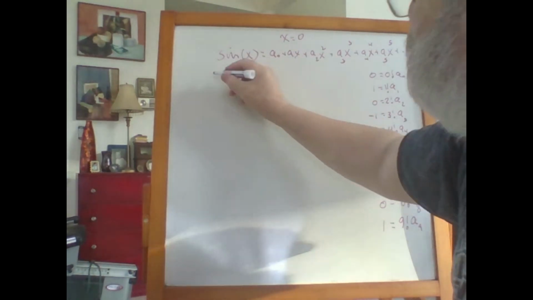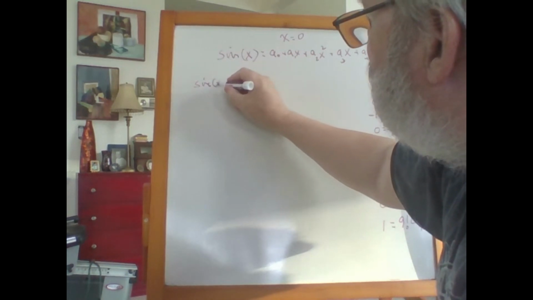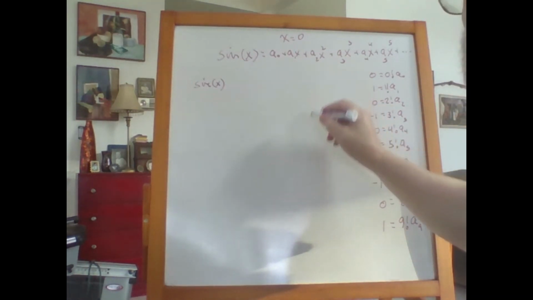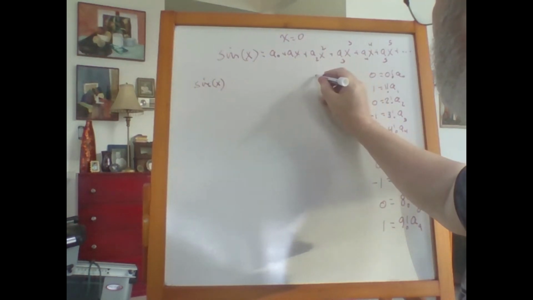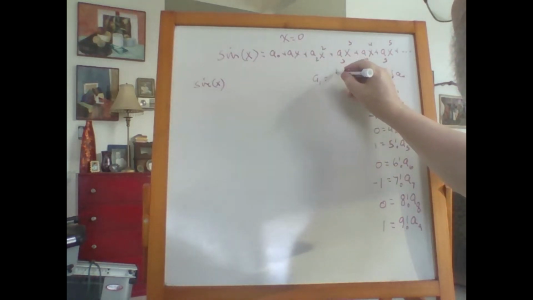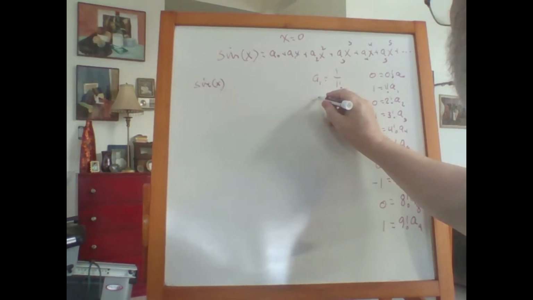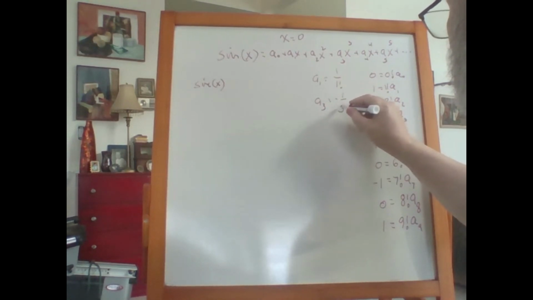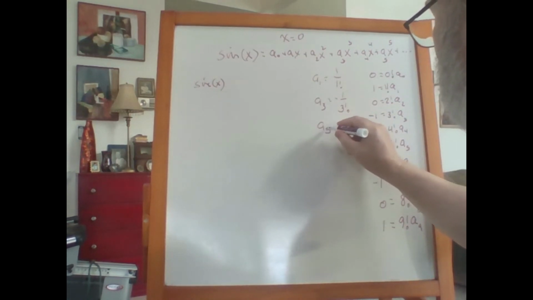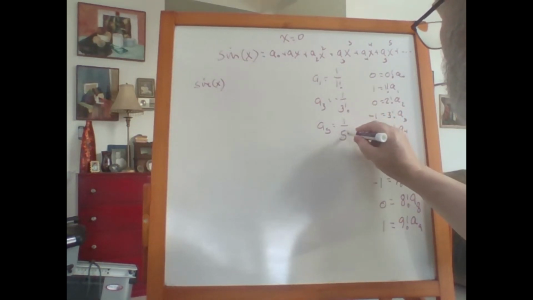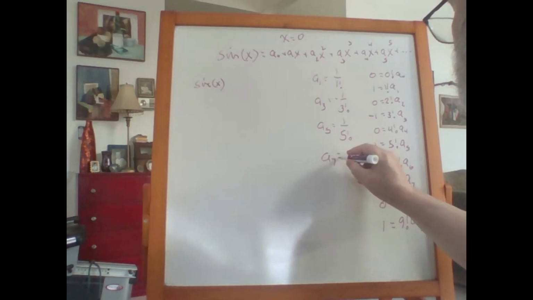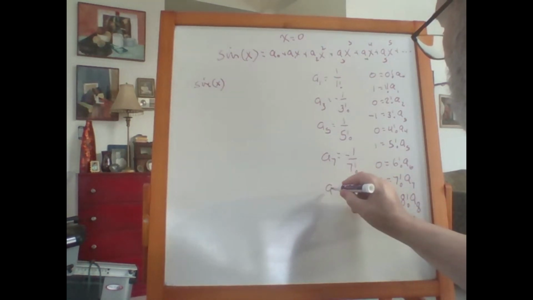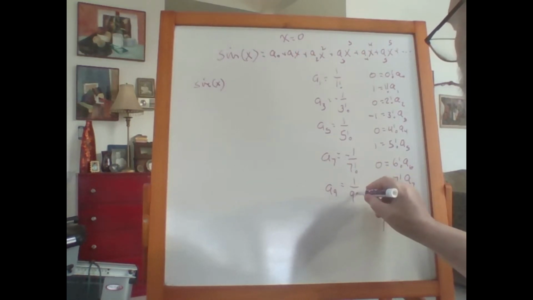So sine of x equals, now a0 is 0, so let's write this out. a1 equals 1 over 1 factorial, a2 is 0, a3 equals minus 1 over 3 factorial, a4 is 0, a5 equals 1 over 5 factorial, a6 is 0, a7 equals minus 1 over 7 factorial, a8 is 0, and a9 equals 1 over 9 factorial.